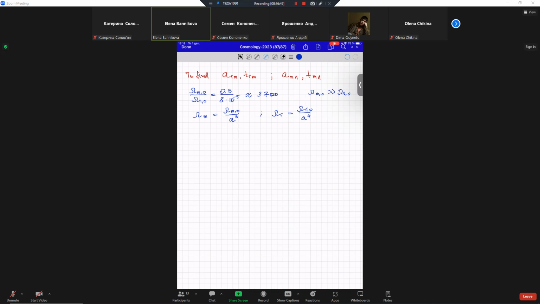If we find omega m as a function of a, divided by omega r as a function of a, we will have omega m0 divided by omega r0 multiplied by a.